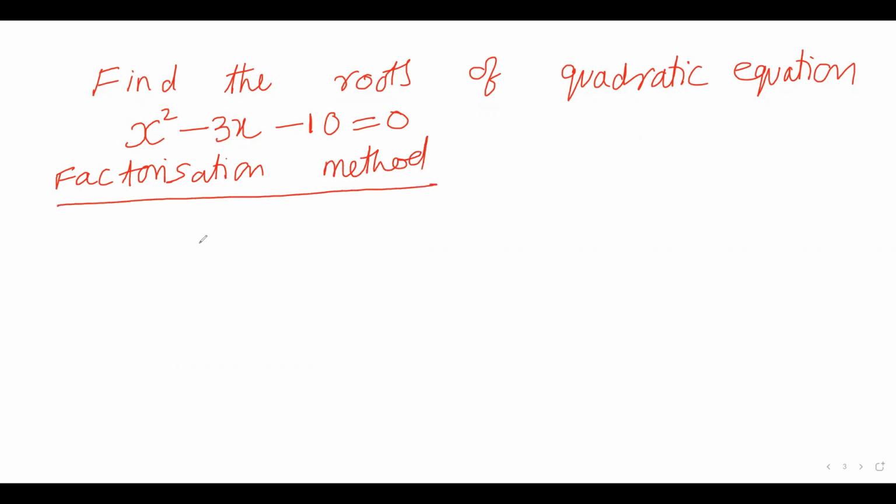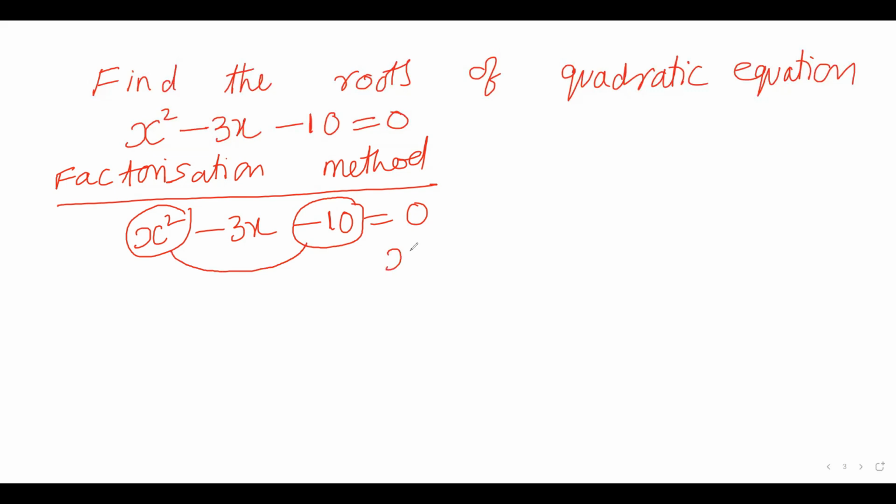In factorization method, you will be multiplying first term and last term. You will be multiplying these two terms. Just multiply. You are getting minus 10x square.